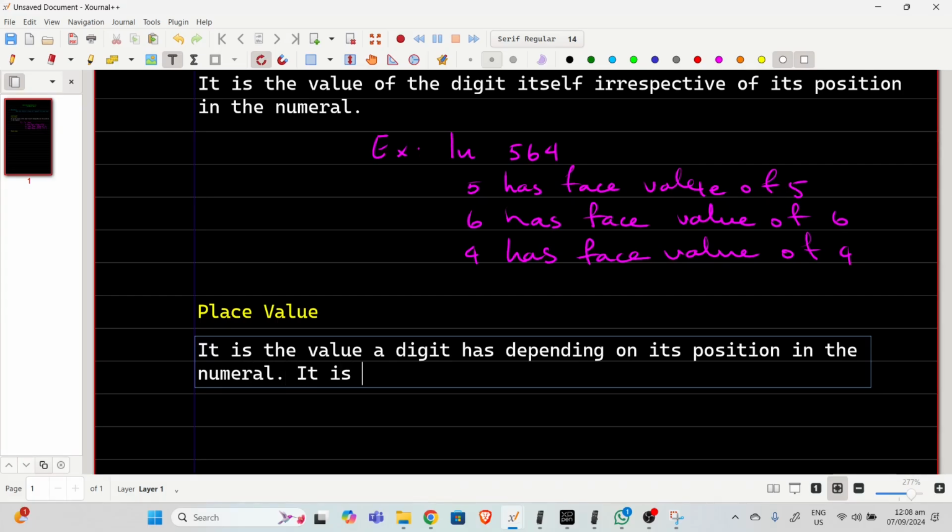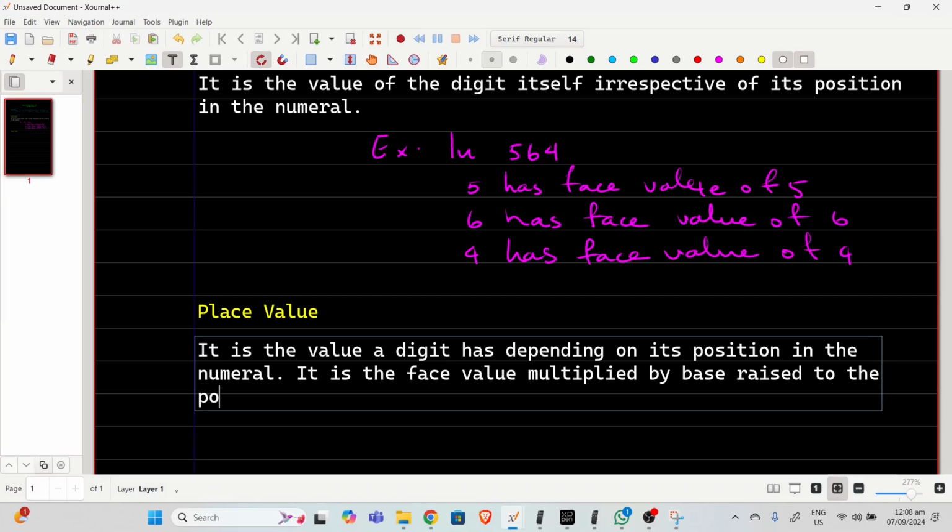It is the face value multiplied by the base raised to the power of its position.